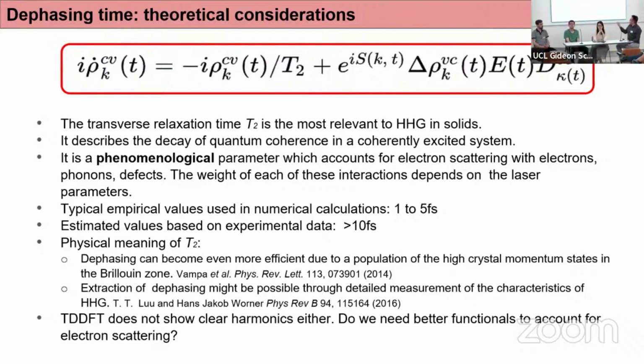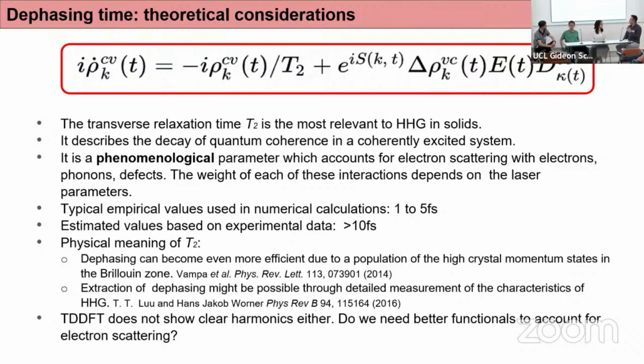And it describes the decay of quantum coherences, and even though it can be dealt with more analytically, it's usually used in a phenomenological way and tries to account for electron scattering. It could also take other effects into account, but usually it's believed that the main contribution comes from electron scattering, which is not included in the semiconductor Bloch equations.